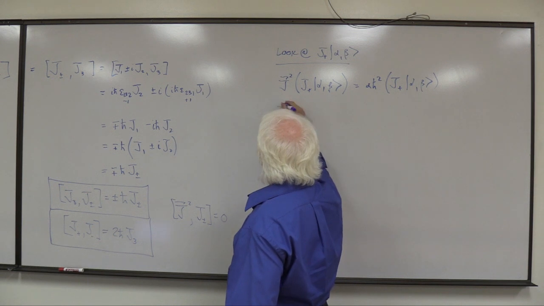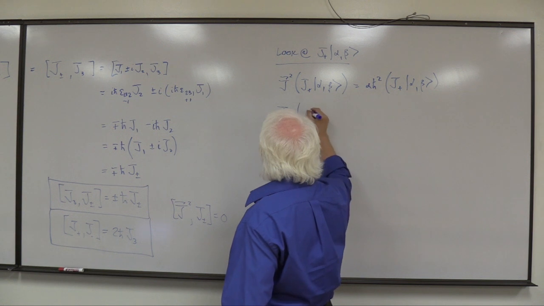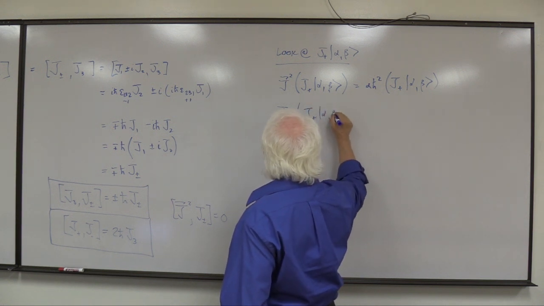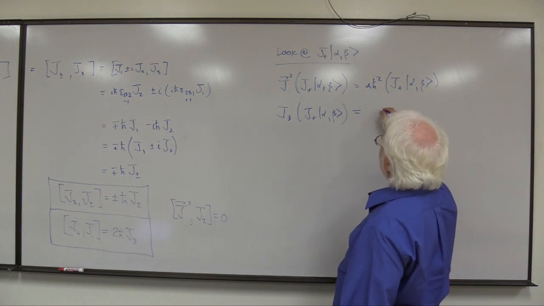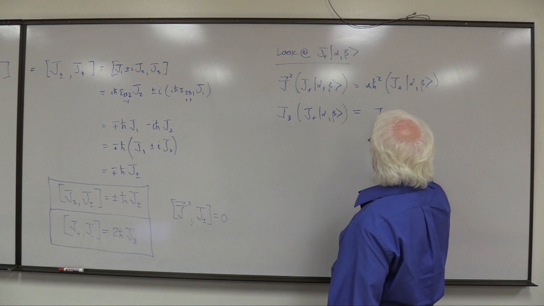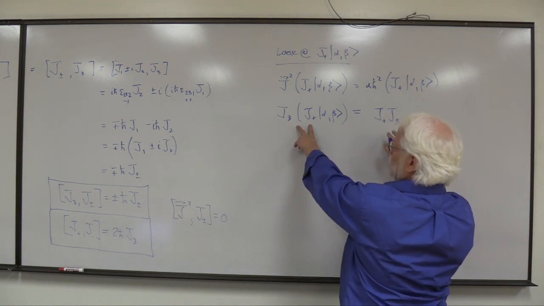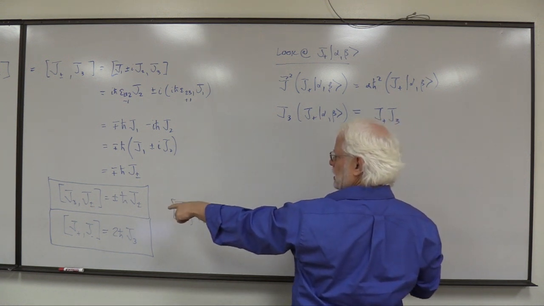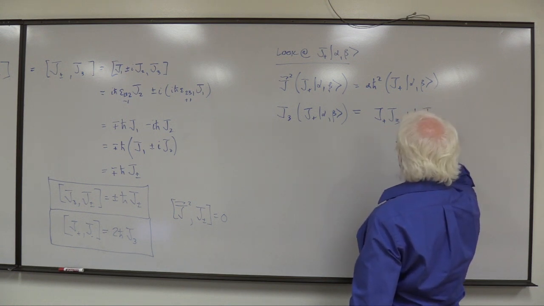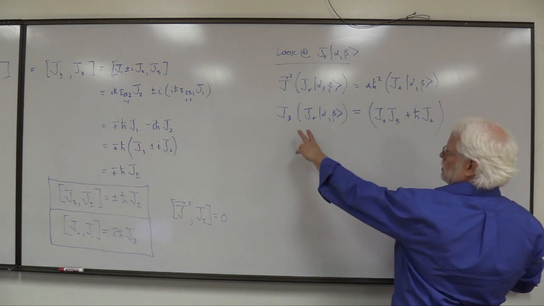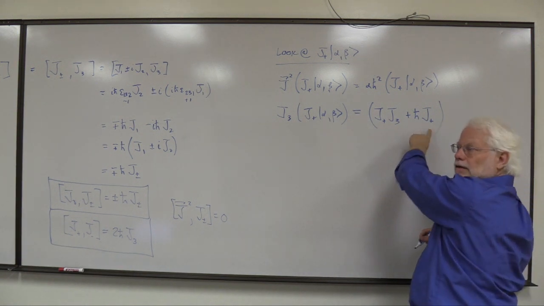If we look at J3 acting on J plus alpha beta, now we can write that as J plus acting times J3 using the commutator. The commutator of J3 with J plus is plus h bar J plus. So J3 J plus is equal to J plus J3 plus the commutator.